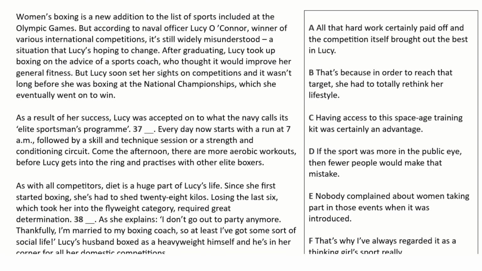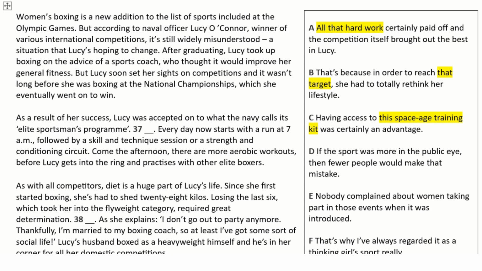Sentence A is fairly unremarkable but mentions all that hard work. Sentence B mentions that target. So that must relate to something in the previous sentence. Sentence C talks about this space age training kit, which again is a reference to something previously mentioned.